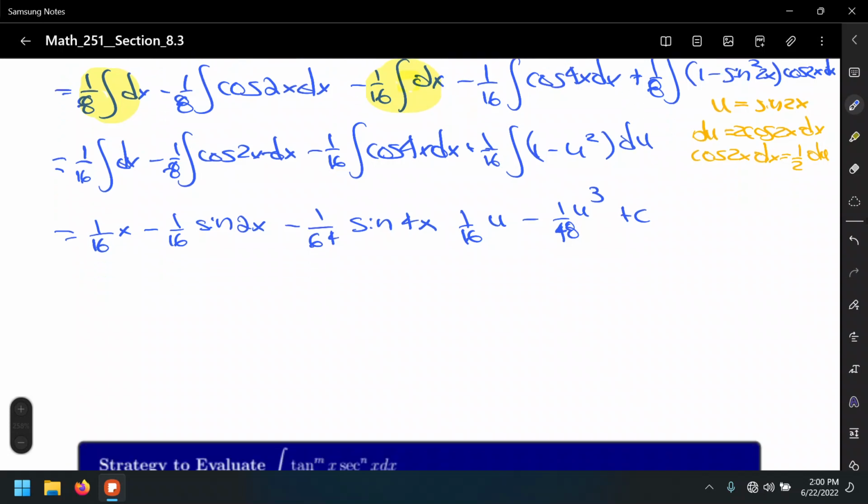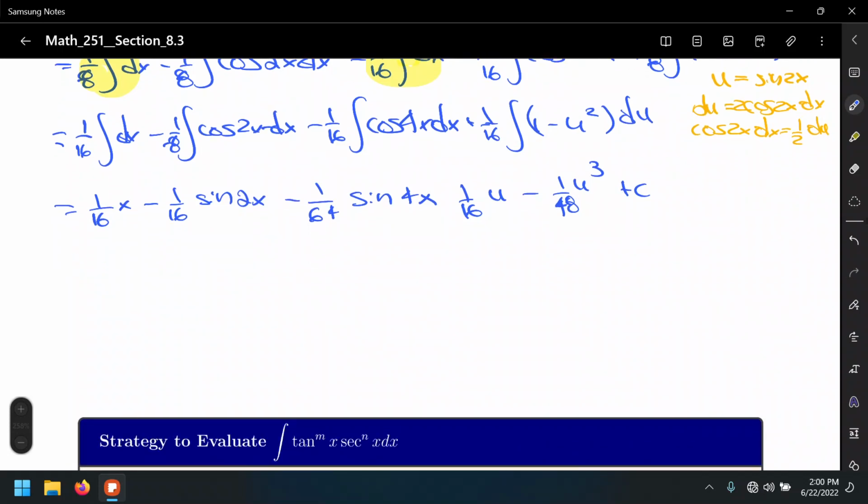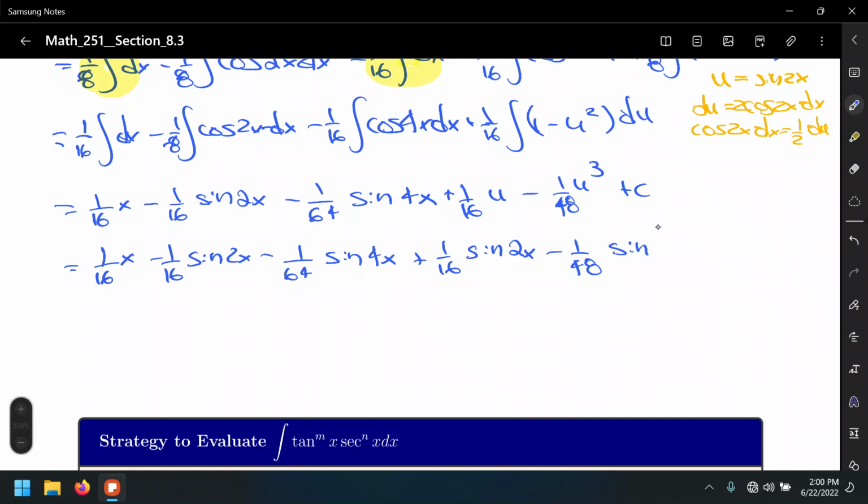Plus c. All we do now is back substitute. 1/16 x minus 1/16 sine 2x minus 1/64 sine 4x, and plus 1/16 u, which in this case u is sine 2x, minus 1/48 sine cubed 2x plus c.